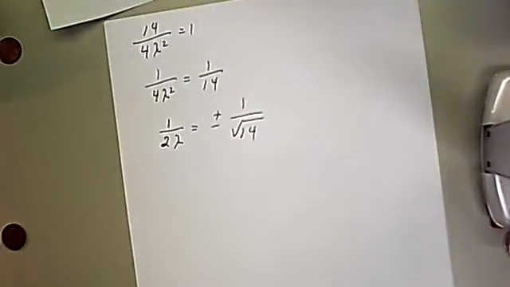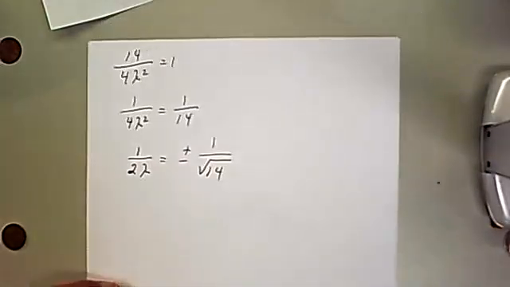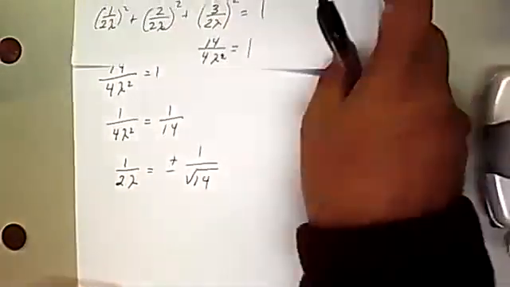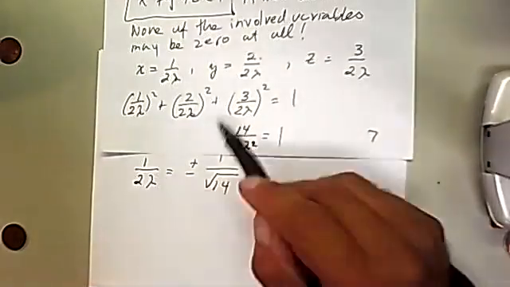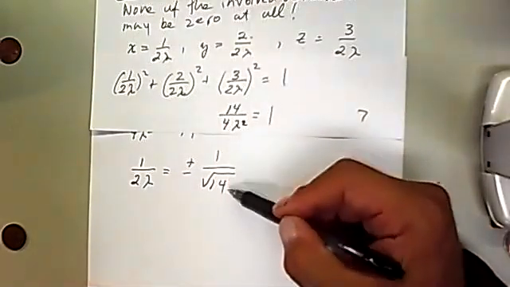And you may be asking, wait, why didn't he just solve for lambda? The reason is because I'm looking ahead at the x. X is 1 over 2 lambda. So this is automatically x.